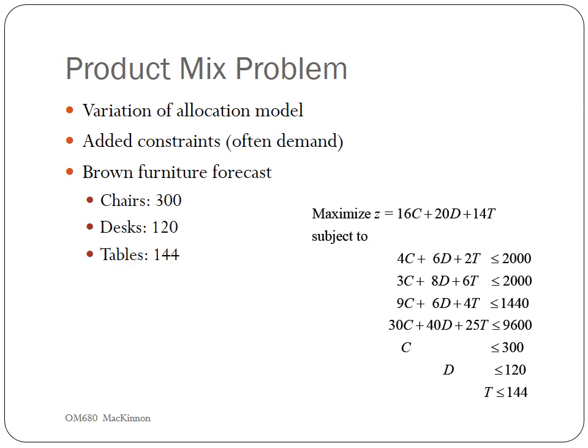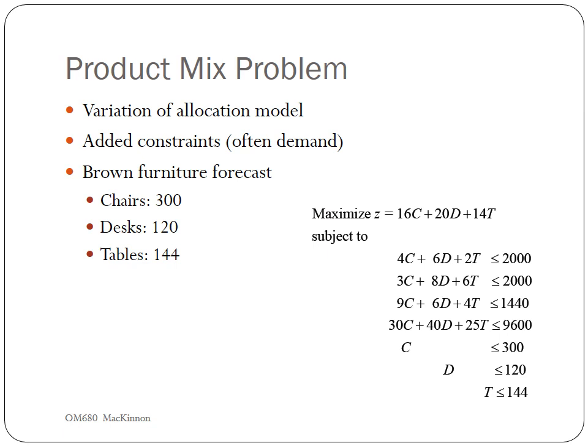So, the product mix problem is a variation of the allocation model, and there are added constraints, and these are often demand constraints. Let's go back to Brown Furniture, and we will say that we have a forecast now that we will sell 300 chairs, 120 desks, and 144 tables. On our algebraic model, this is pretty much the same, but we've added these three constraints.